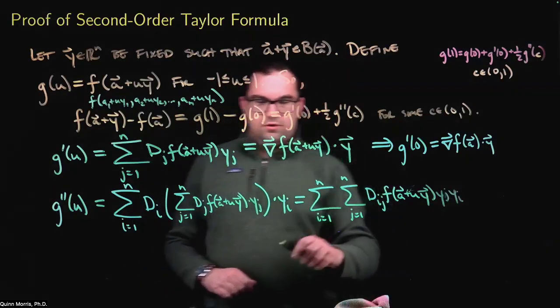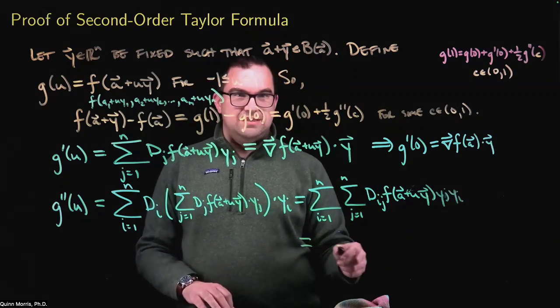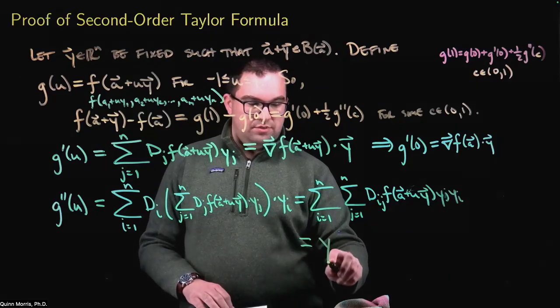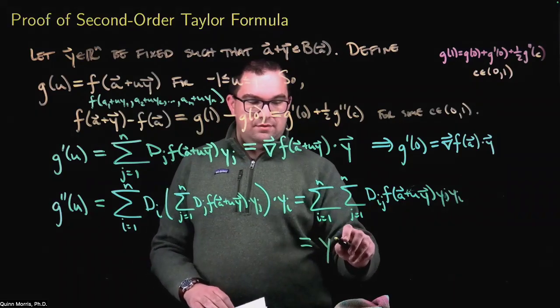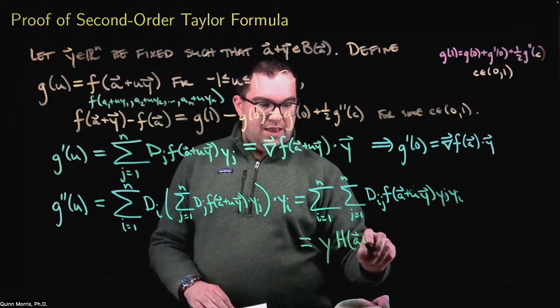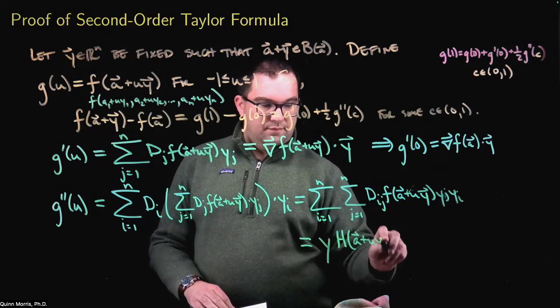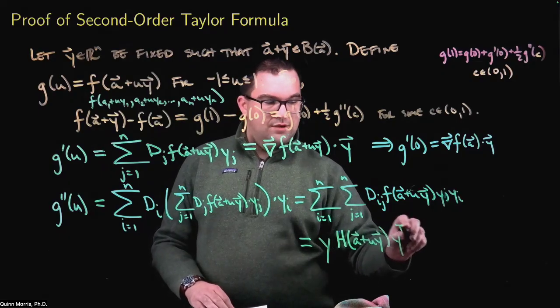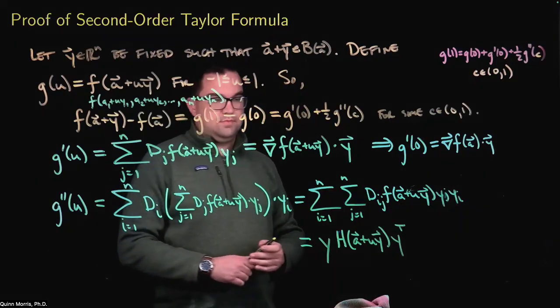Now, if I take a little care, I can actually express this as a matrix multiplication, or a matrix-vector multiplication. So this is, in fact, y times h of a plus cy times y transpose. Okay.